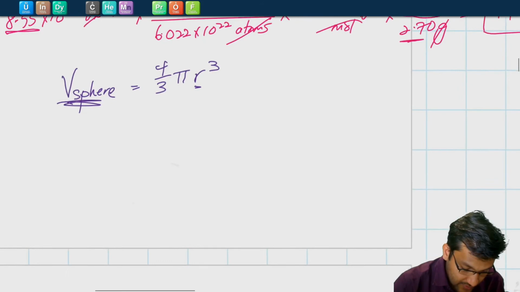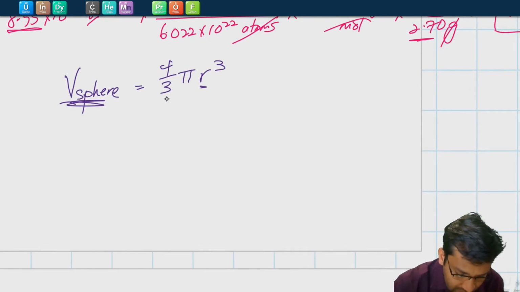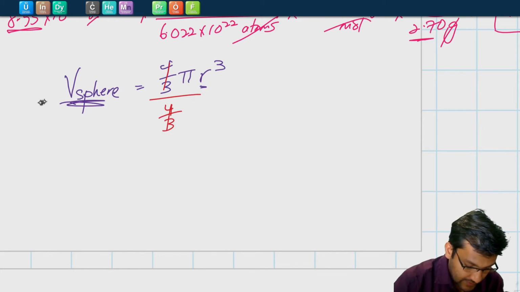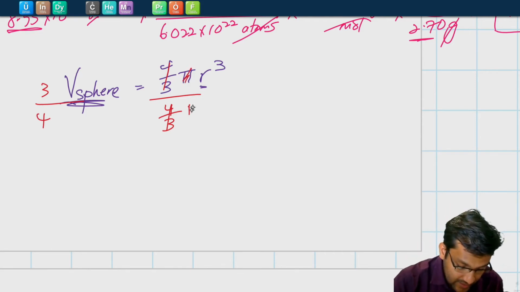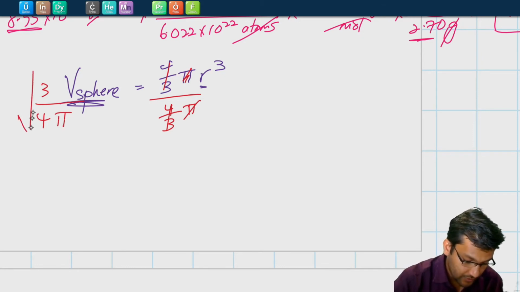So let's see, how do we solve for r? Well, if we divide by 4/3 on both sides, we get 3/4. Dividing is the same as multiplying by the inverse. We divide by pi on both sides, so we get pi over there. And then we cube root the whole thing, to get rid of this cube.